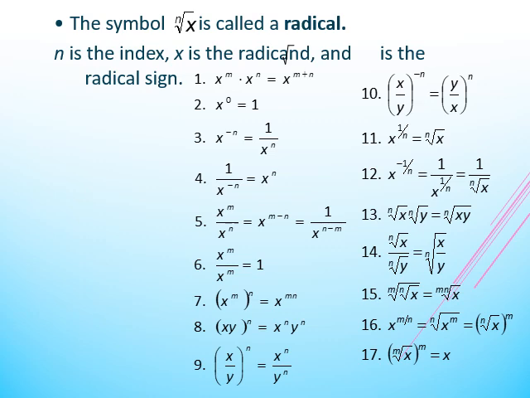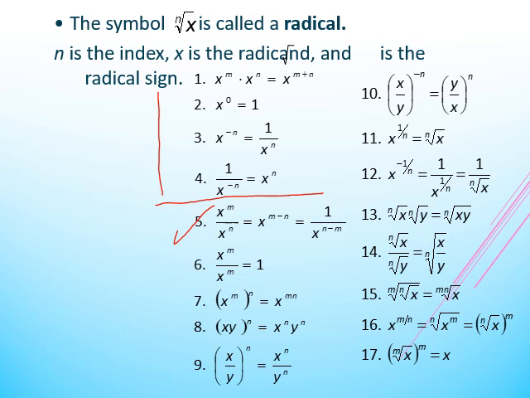Here we have more and more examples and rules for the radicals and exponents. Of course, we already introduced these four in the previous slides, and we now will move to rule number 5, which is if we have the same base x and x, we can subtract the powers.